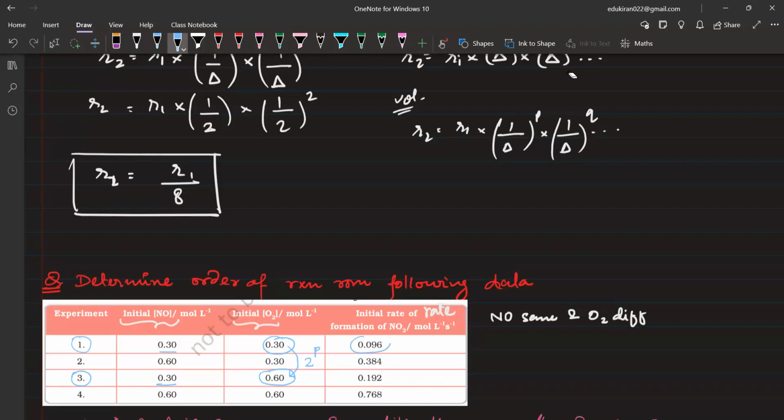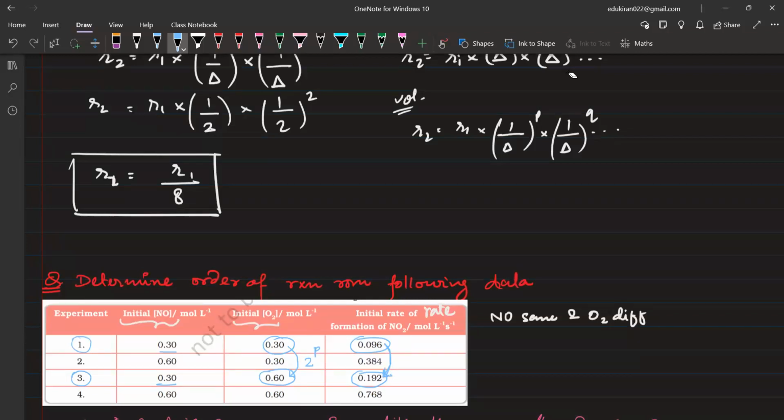Now what is happening to the rate? From experiment 1 to 3, the rate goes from 0.096 to 0.192. What is happening here?